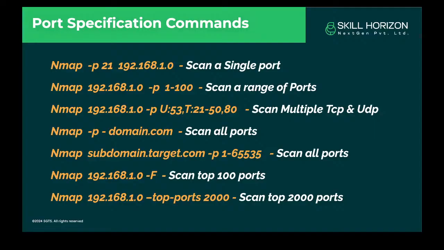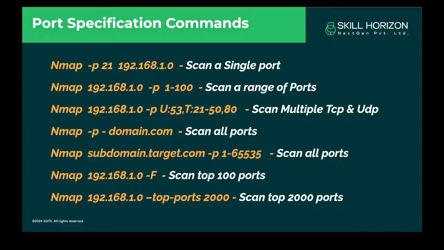Now, if you want to scan all ports, not a particular range or a single port or multiple ports, but all ports from 0 to 65,535, you can use the option -p, but you need to define all ports.